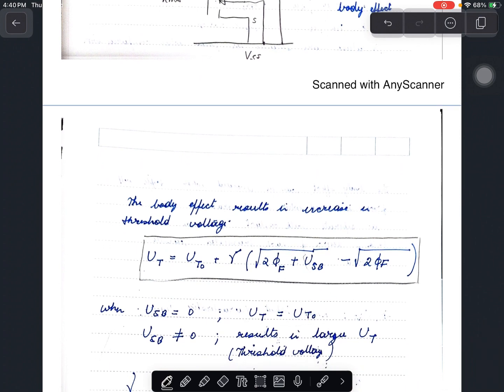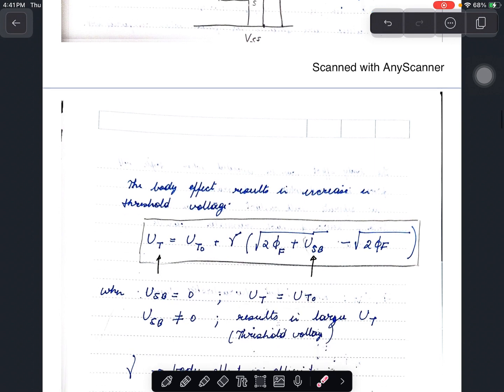So because of the body effect, the threshold voltage VT equals VT naught plus gamma times (square root of 2 phi f plus VSB minus square root of 2 phi f). Because of VSB not equal to 0, the threshold voltage is VT naught plus this term, so VT will be greater than VT naught.